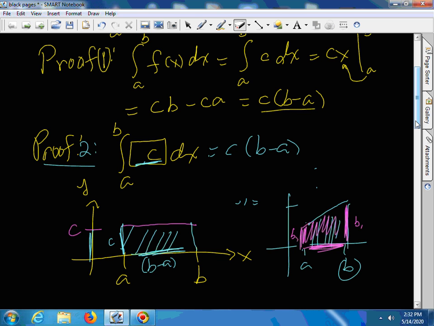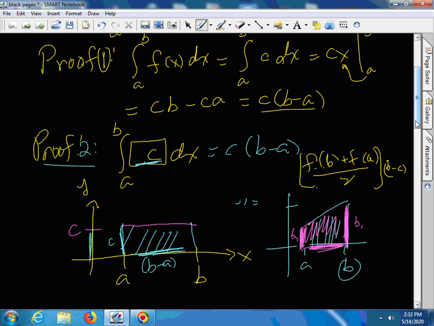In fact, it's going to be one side, f of b, plus the other side, f of a, the average of the two parallel lines, f of b plus f of a, divided by 2, times b minus a.